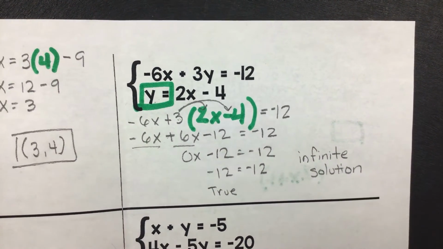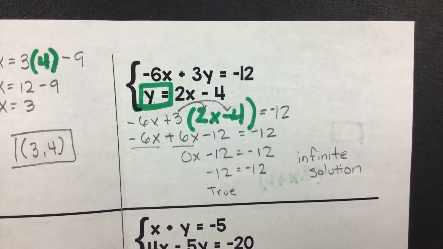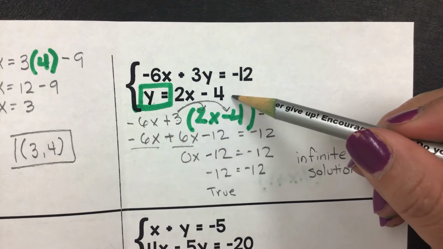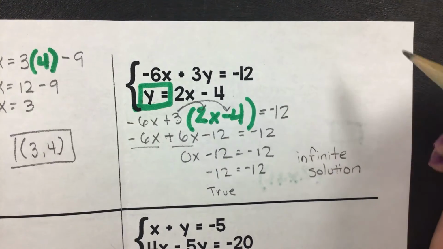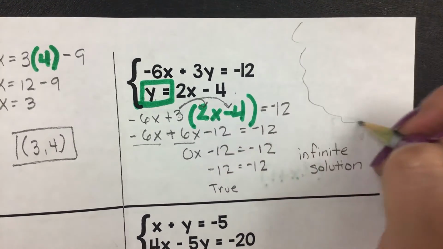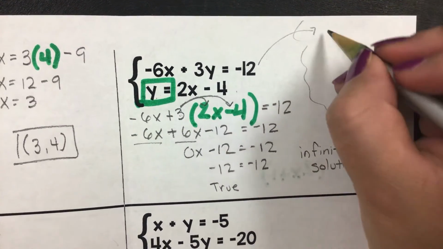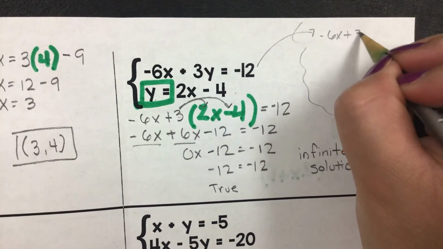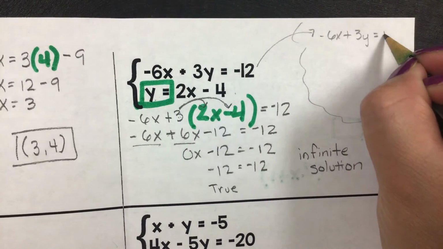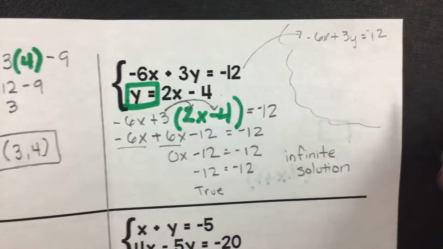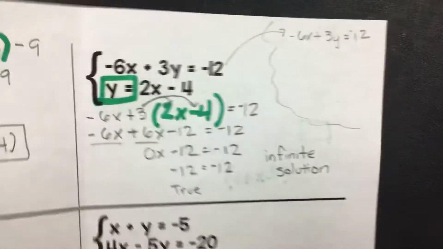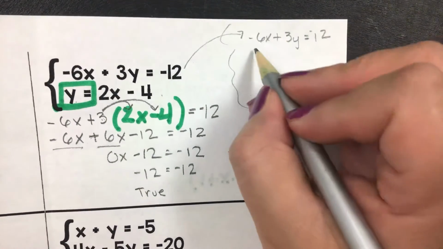To remind you, this is where we had the exact same line. So this line is supposed to be the exact same line as this one. Well, you don't need this, but let me just show you. This is not part of the substitution method. I'm just reminding you that when both of the equations were the same, we had infinite solutions.